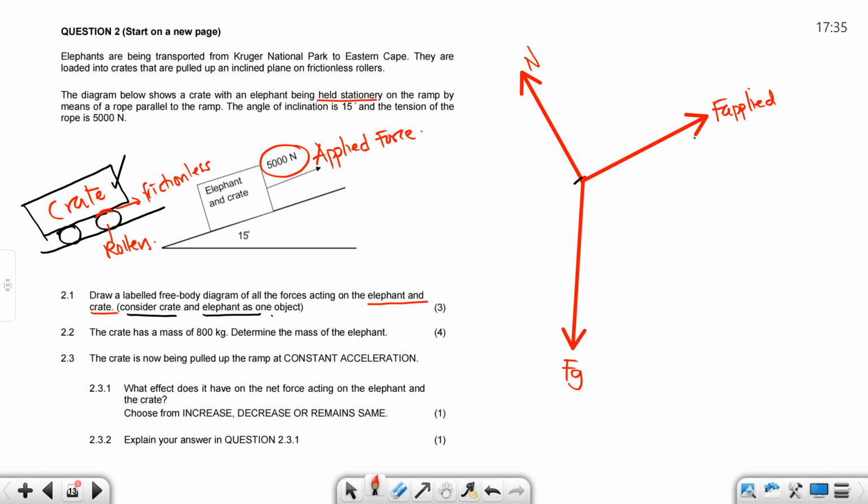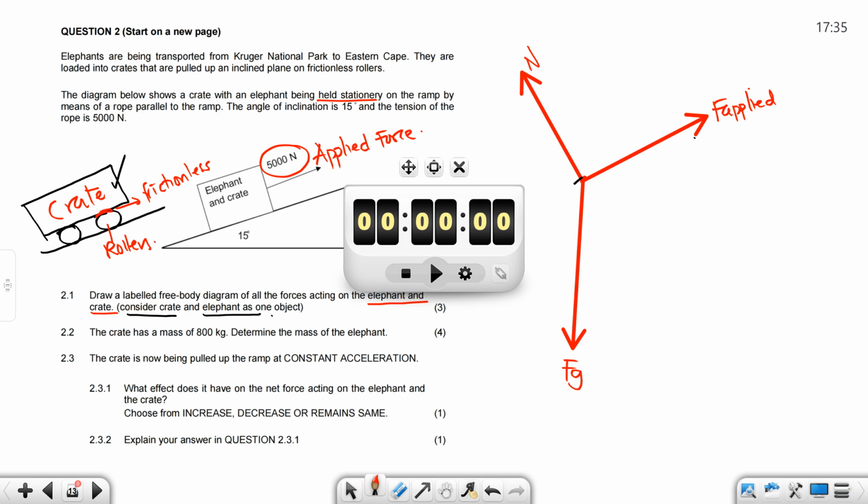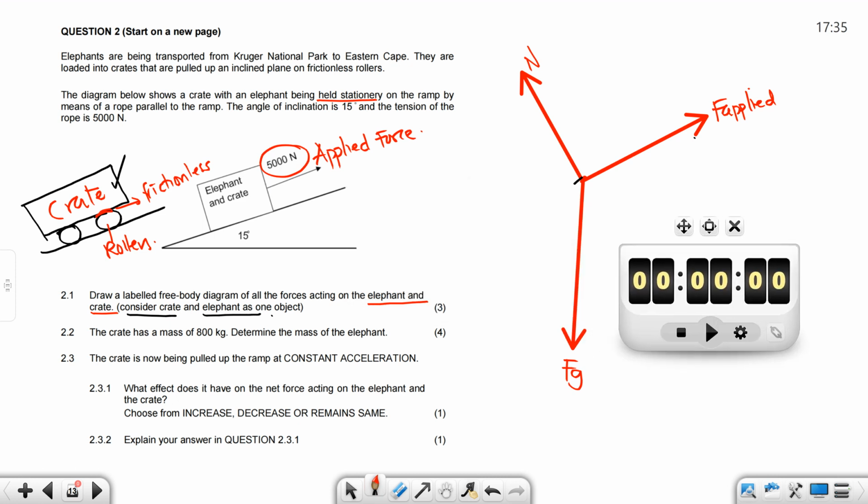Okay. What do we have? The mass of the crate is 800. Can we determine the mass of the elephant? I'll give you 2 minutes. Determine the mass of the elephant. And don't write that the elephant ran away. Please, we calculate. Okay, let's make it 3 minutes, because you have to do a bit of work.